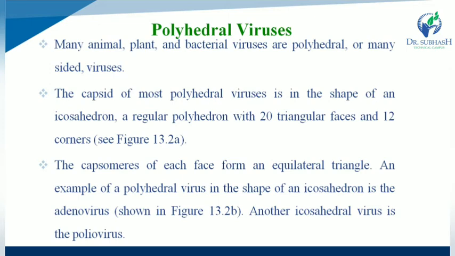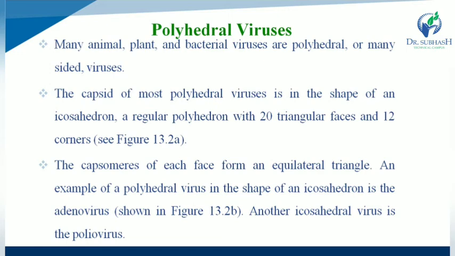So polyhedral viruses are present in many animal, plant and bacterial viruses, and the capsid of most polyhedral viruses is in the shape of an icosahedron, a regular polyhedron made up of 20 triangular faces and 12 corners.